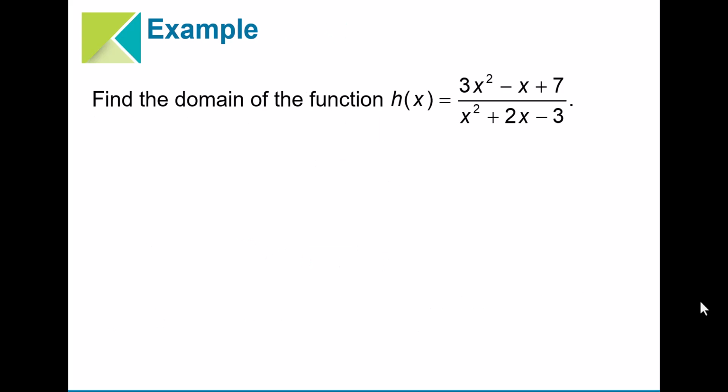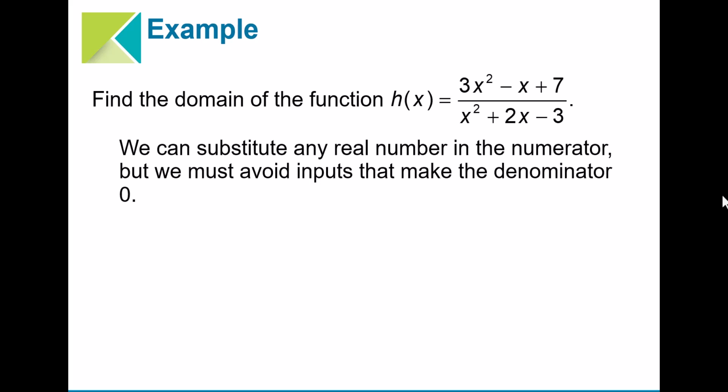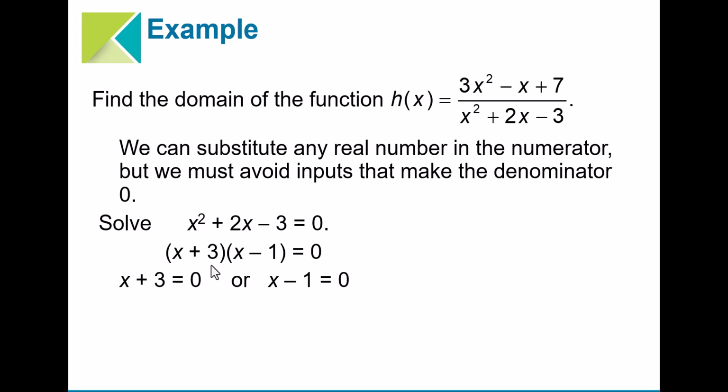Sometimes you have to do a little crazy stuff, where in this case you could set the denominator equal to 0 to find what x cannot equal. And in this case, you're going to have to do a little bit of factoring. Remember how we love factoring. If x plus 3 equals 0 or if x minus 1 equals 0, bad things are going to happen. So if I solve for x, I get -3 and I get 1.